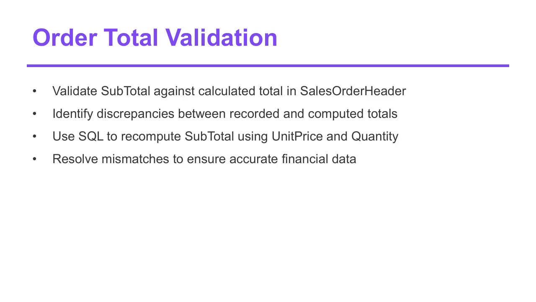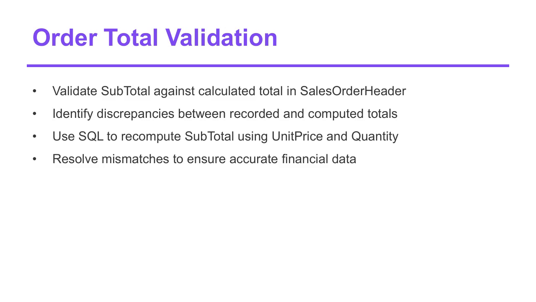To ensure the financial data is accurate, it's important to validate the subtotal recorded in the sales order header against the total we calculate from the details in sales order detail. By using SQL queries, we can recompute the subtotal by multiplying the unit price by the quantity for each order and then summing these amounts.